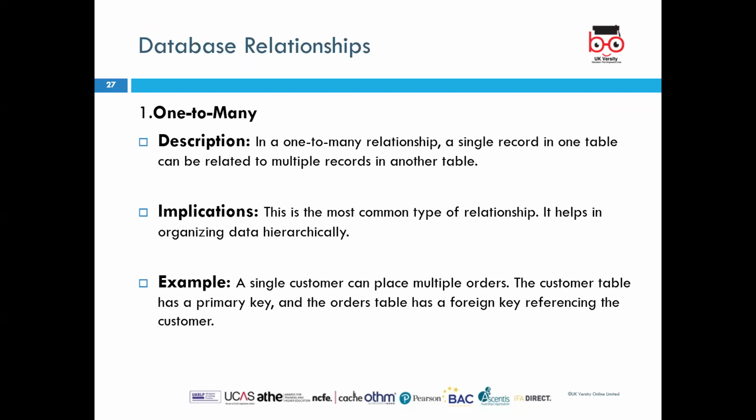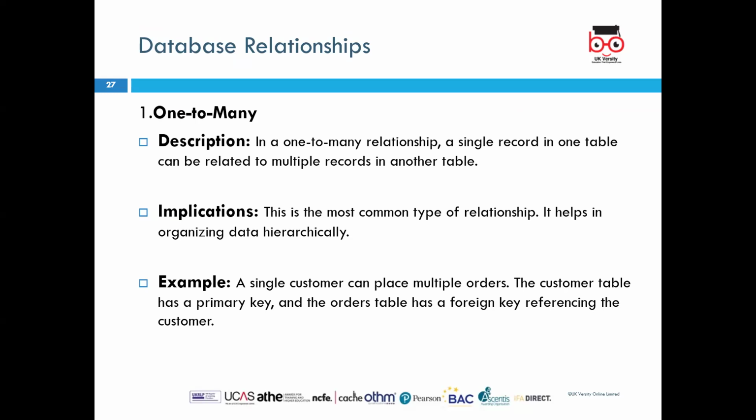Before we mention types, one-to-many is basically a single record in one table that can relate to multiple records in another table.